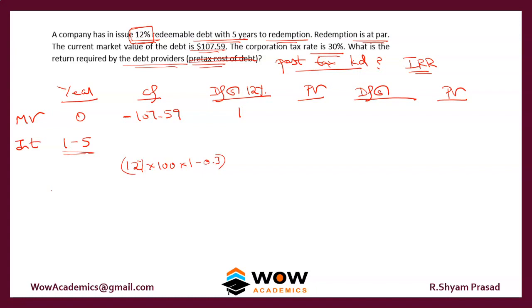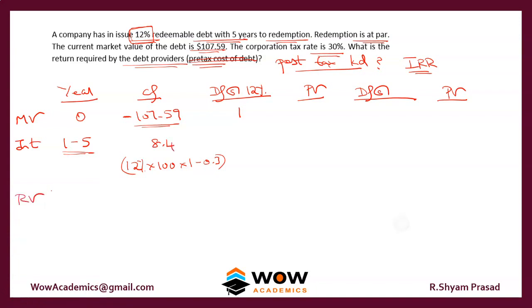This gives you the after-tax interest. How did we get 100? The market value of the bond is 107, which means the nominal value is 100. That gives you 8.4.